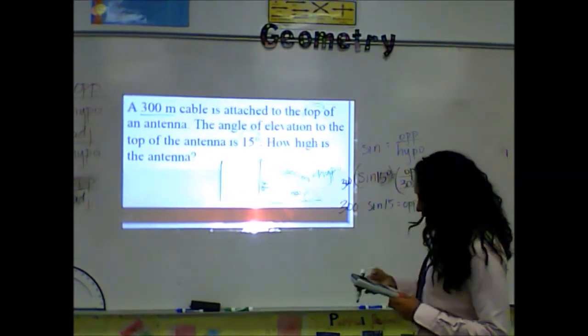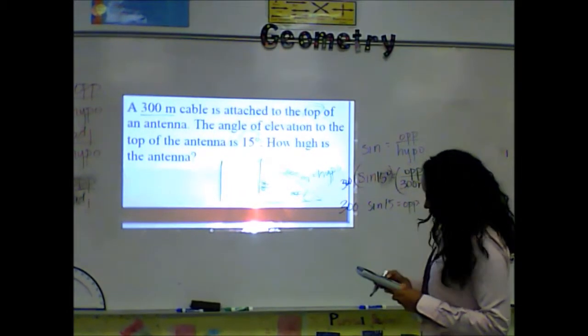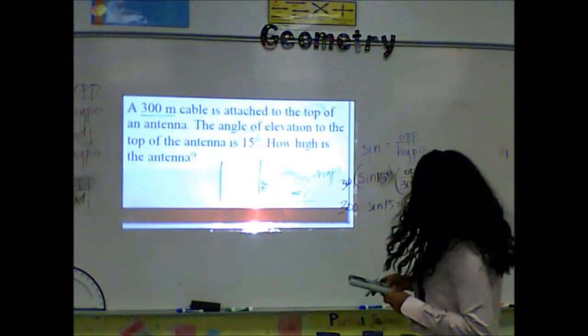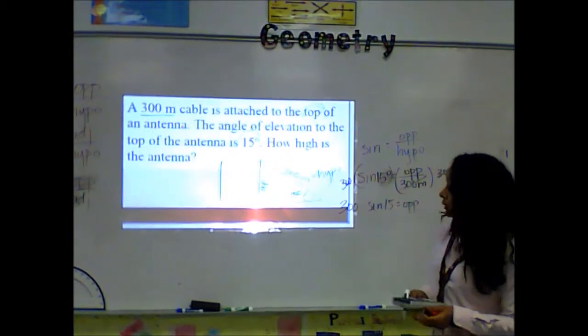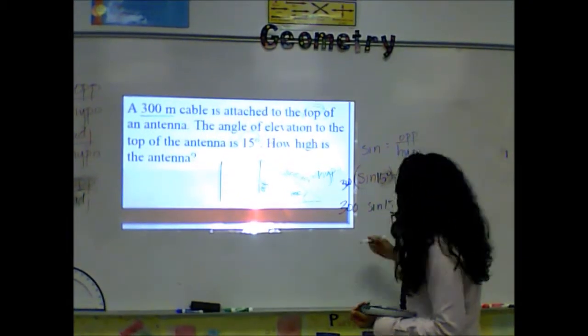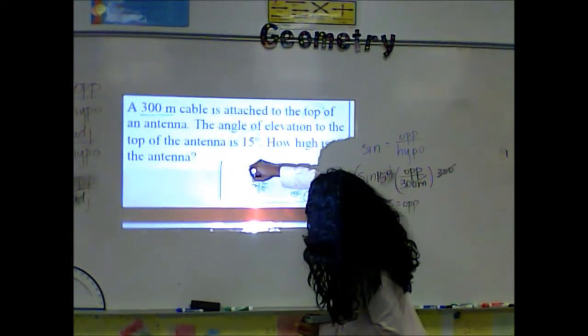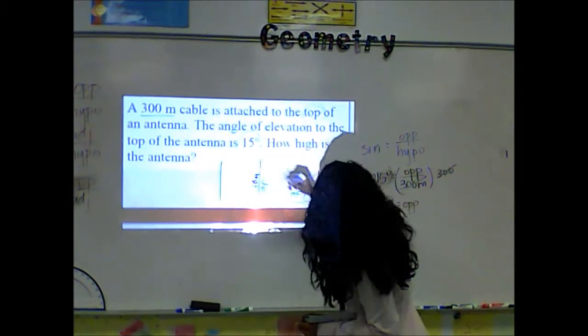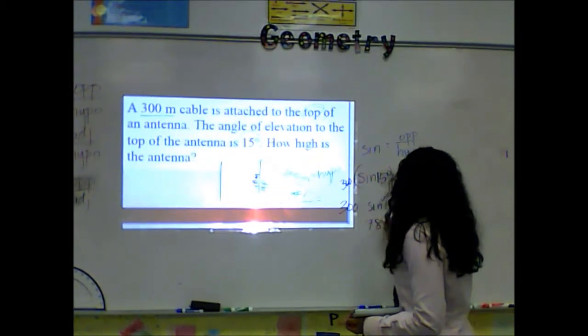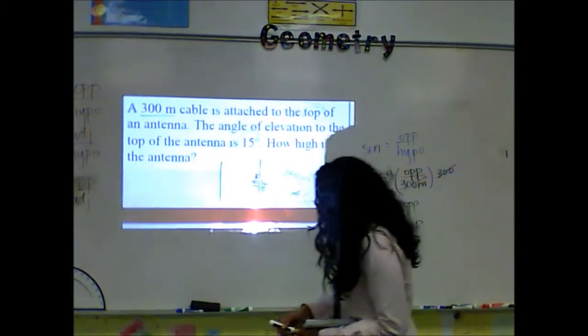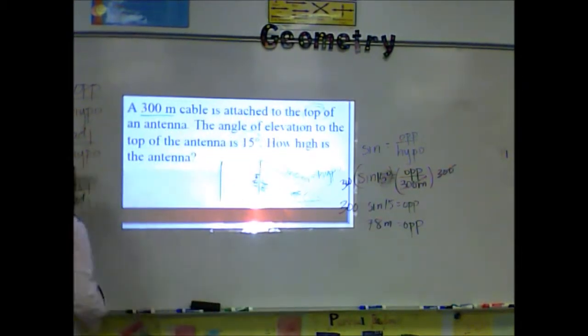Okay, I'm going to plug it in and see what I get. Alright, what did y'all get? If we round, we get 78. So the opposite side is 78 meters. Remember, we have to write this in a complete sentence.